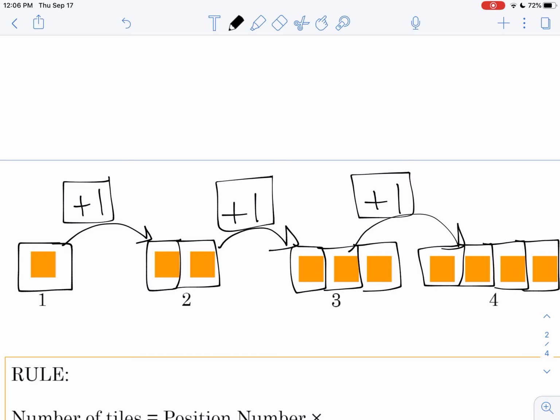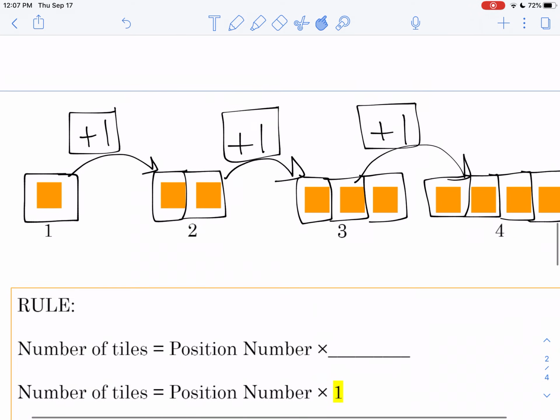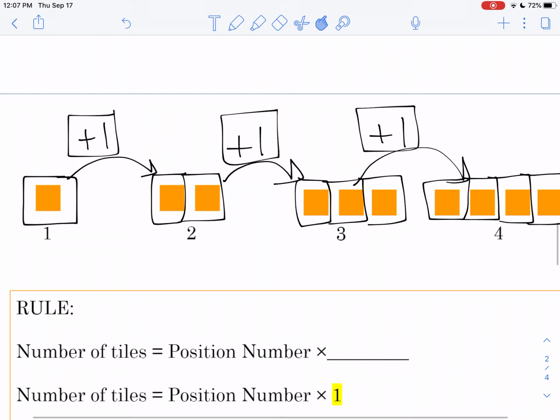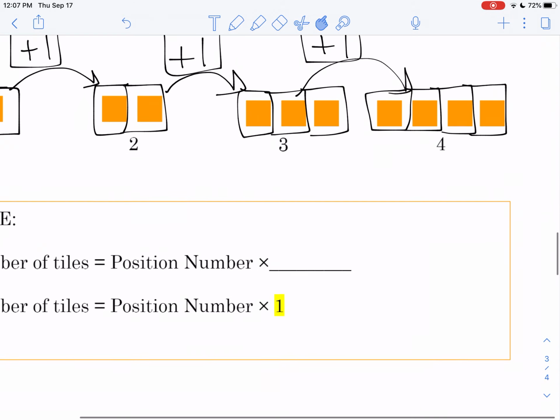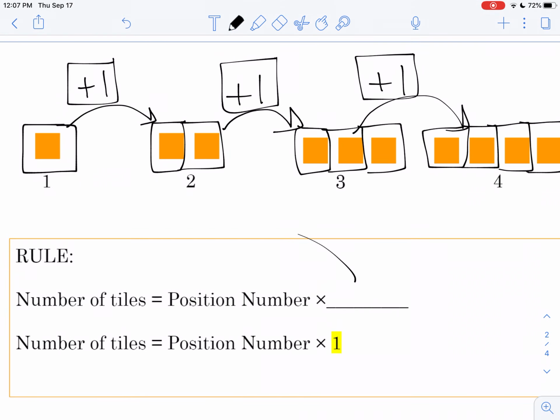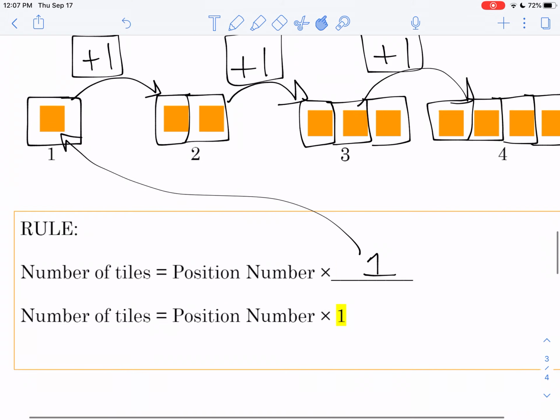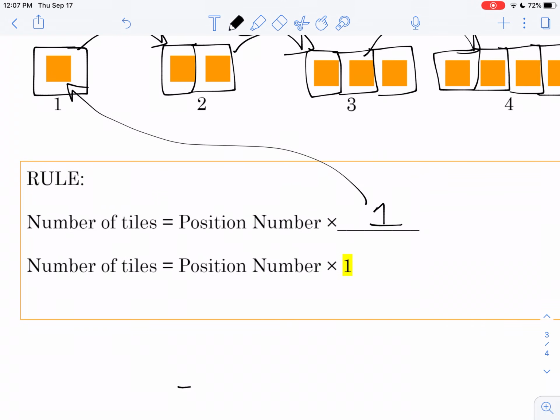So your number of tiles is equal to the position number times how many tiles you're finding inside that pattern core. So times 1.